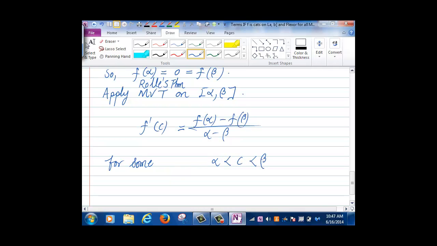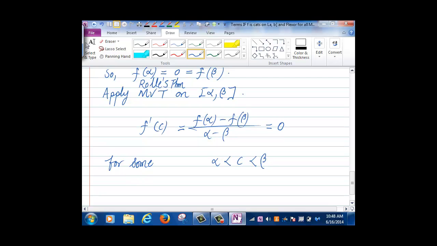You guys agree with that? So if I apply the mean value theorem on alpha to beta, the derivative at some c should be equal to the average rate. However, the average rate here is what? Because f of alpha and f of beta are both 0.